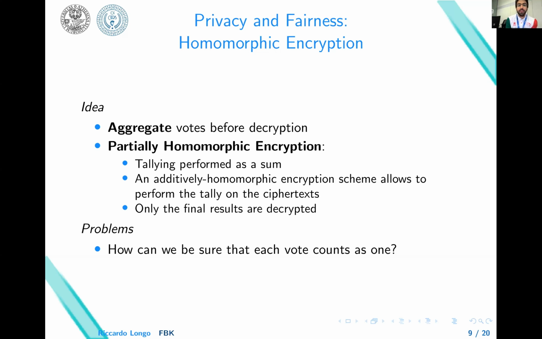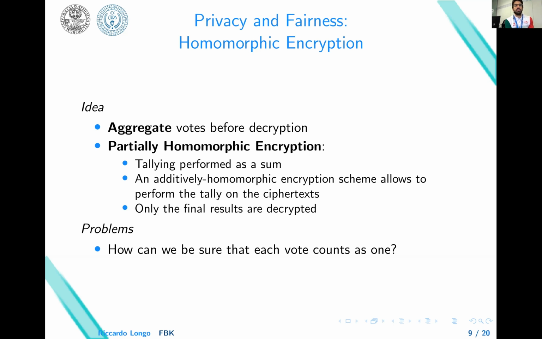Then, if the tally is basically a sum, we can use an additively homomorphic encryption scheme to perform the tally directly on the ciphertexts. In this way, we do not have to decrypt every ciphertext and then count the votes. We can sum the votes directly using the ciphertexts and then decrypt only the result.